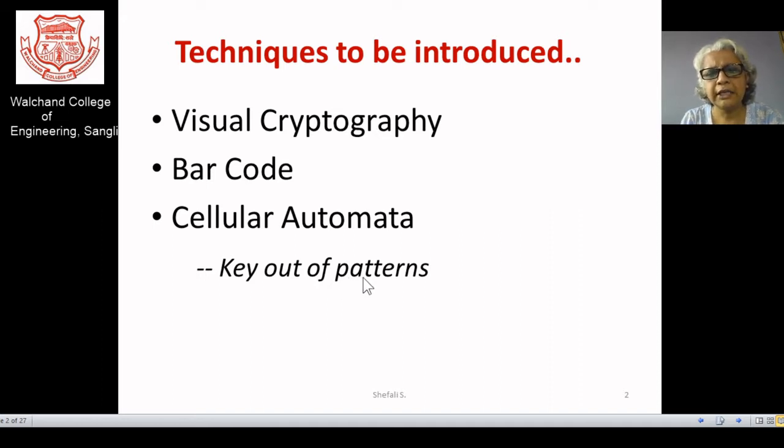So if keys are made with high potential, then definitely those keys will contribute to the success of your cryptographic application. So I would like to look at some patterns, in what way those patterns can be treated as if they are the keys. We will look at this in a particular session.